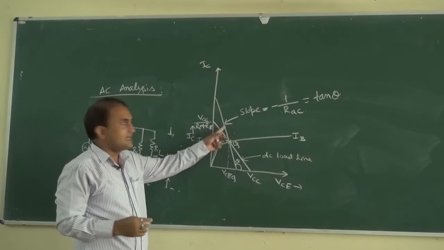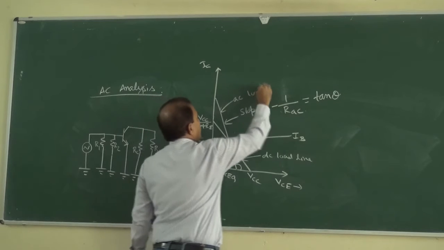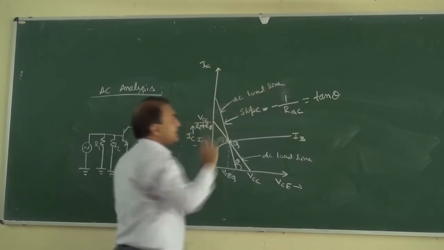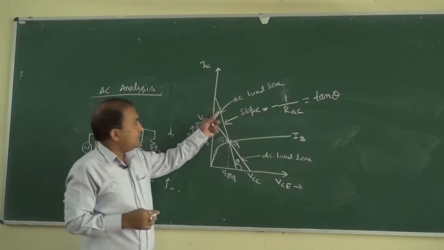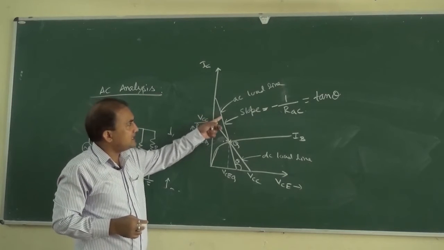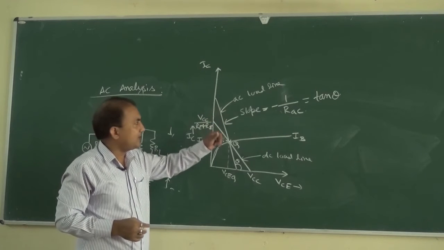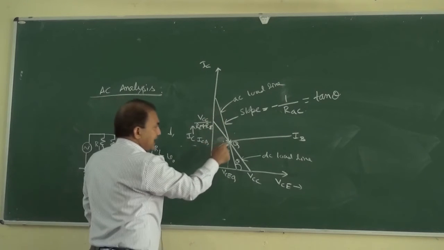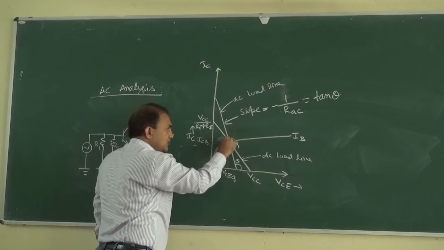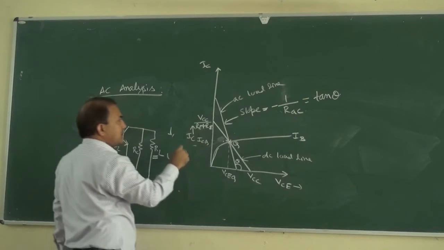So this is the AC load line. The slope of this line is equal to minus 1 by RAC, and it should pass through the earlier Q point, the operating point.